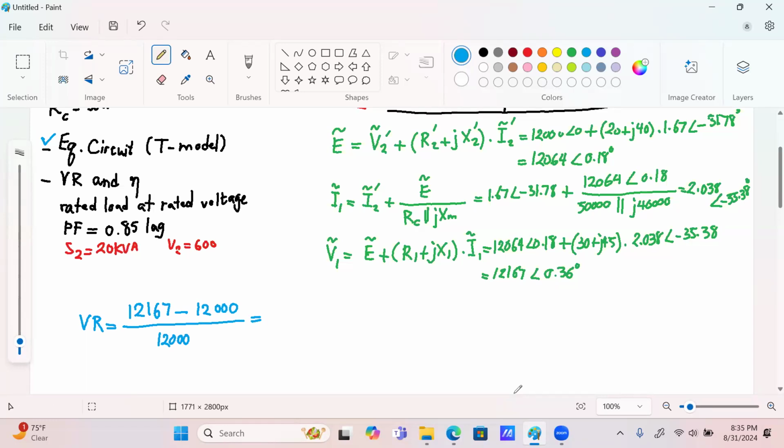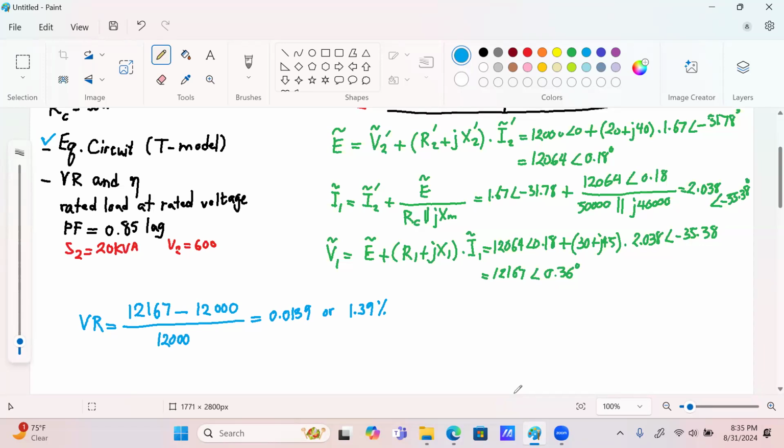And that is going to be 0.0139, or you can multiply it by 100 and present it in percentage, 1.39%. That means you can expect the voltage to drop by 1.39% from the rated value of the primary to rated value of the secondary once you connect a rated load to the secondary side.